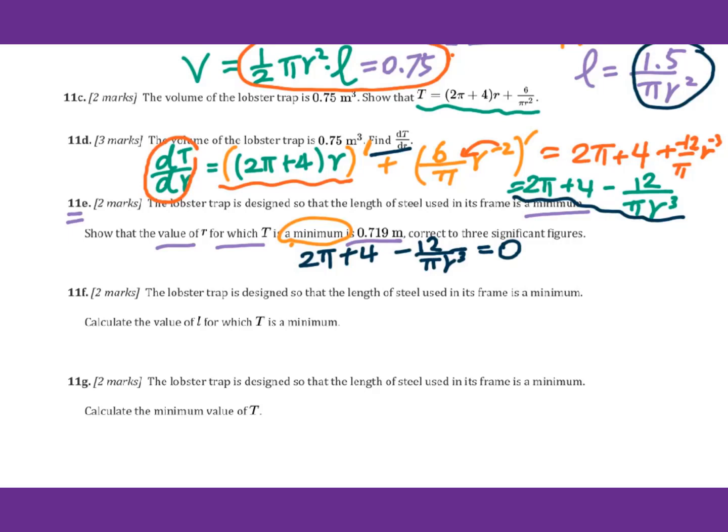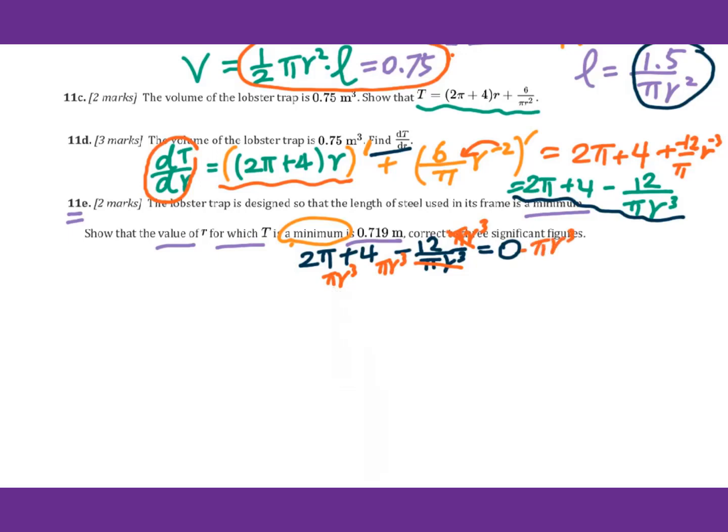First of all, you will get rid of this pi r to the third power. So every term you multiply by pi r to the third power. So you will get 2 pi squared r to the third power plus 4 pi r to the third power minus 12 equal to 0. This is a power form equation, so I add 12 to both sides.